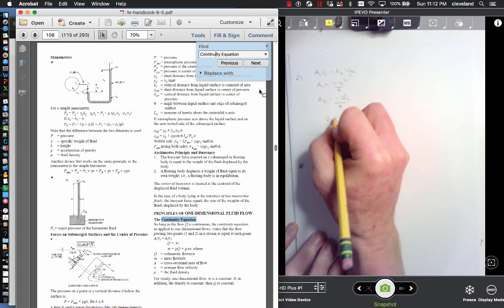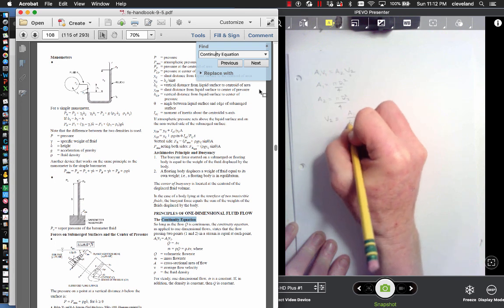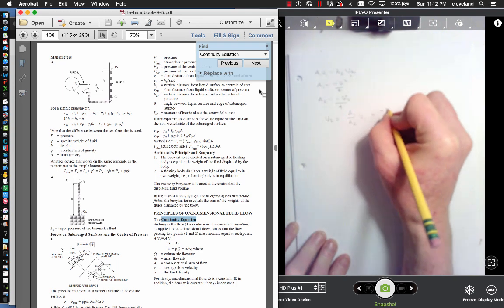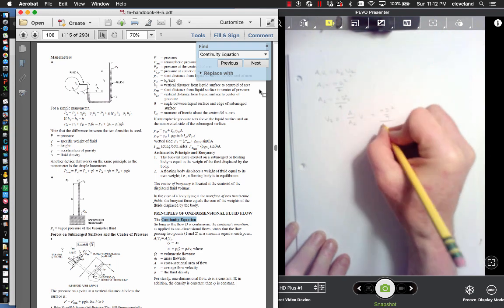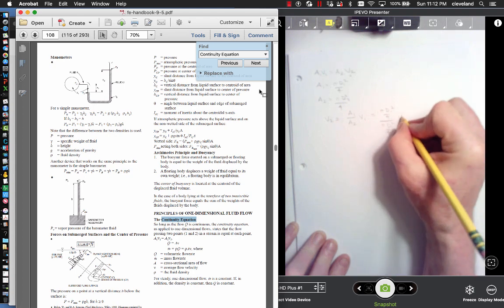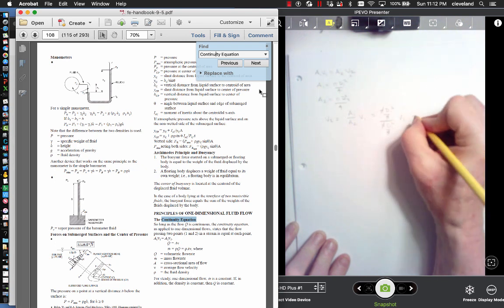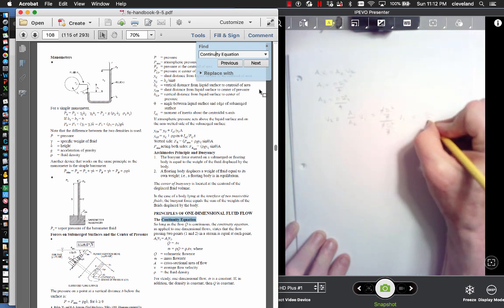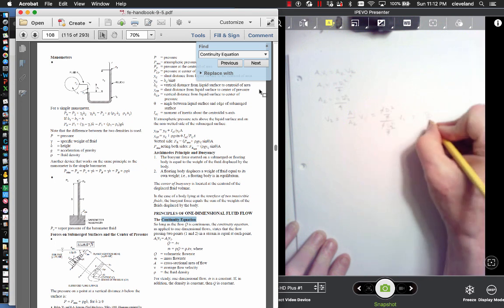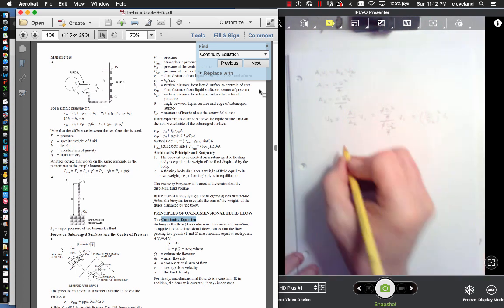So velocity 2 is equal to A1 over A2 times V1, which equals pi d1 squared over 4 over pi d2 squared over 4 times V1. Pi's cancel, 4's cancel, equals d1 over d2, quantity squared, times V1.